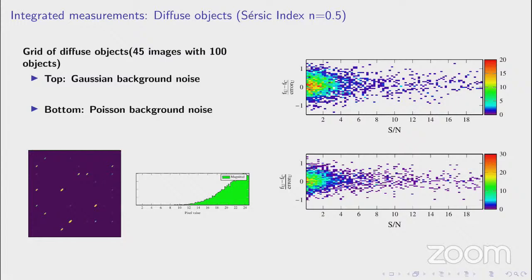Signal to noise 4 or 5 is what most people in galaxies use, and at 5 it seems relatively fine. But at lower signal to noise like 2 or 3, almost half of the noise is because of the compression at very low signal to noise.